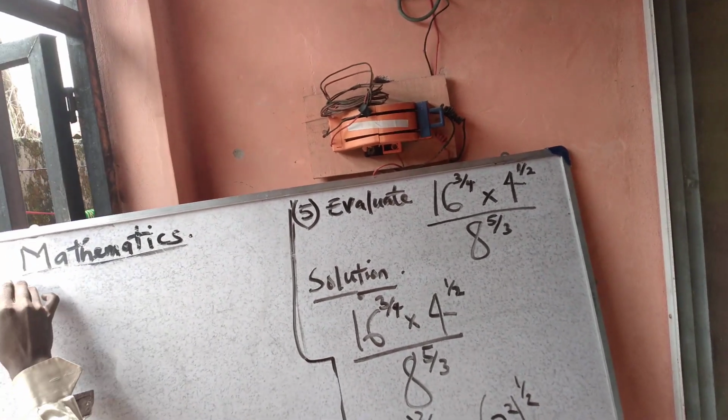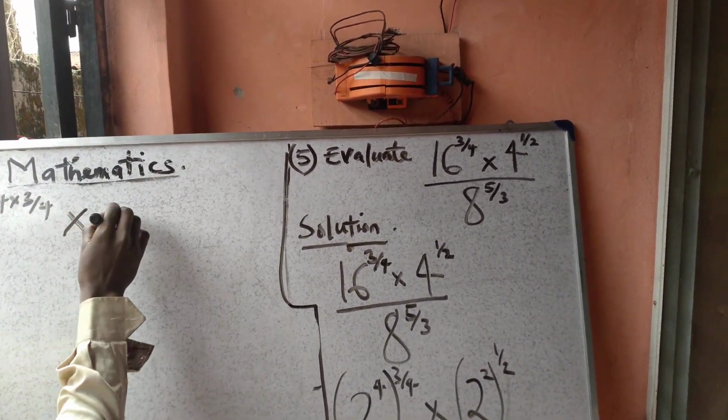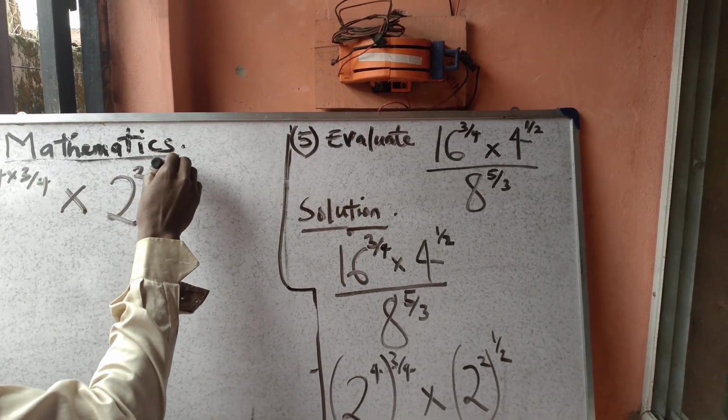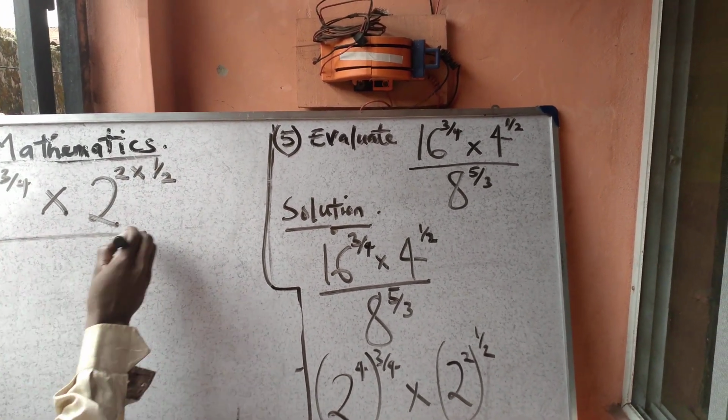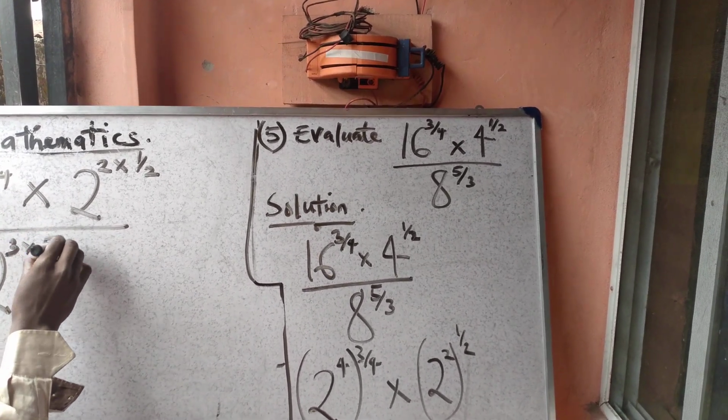This is 2 raised to the power 4 times 3 over 4 multiplied by 2 raised to the power 2 times 1 over 2 divided by 2 raised to the power 3 times 5 over 3.